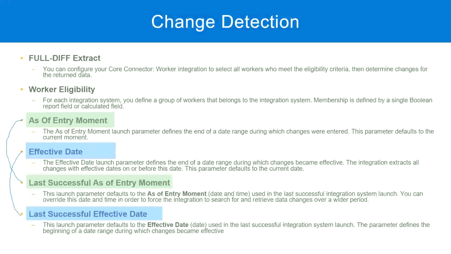The worker's hire date is 1st of May, 2022. So now my question is, what is the entry moment? Entry moment is now. What is the effective date? 1st of May. Are the 2 dates the same? No, not the same.